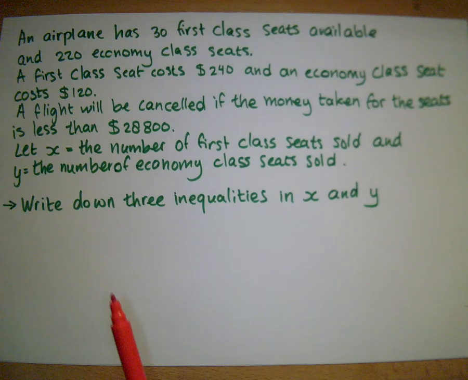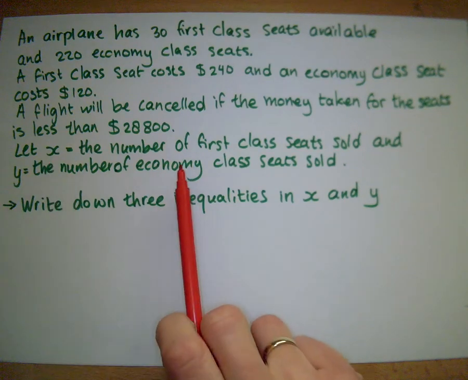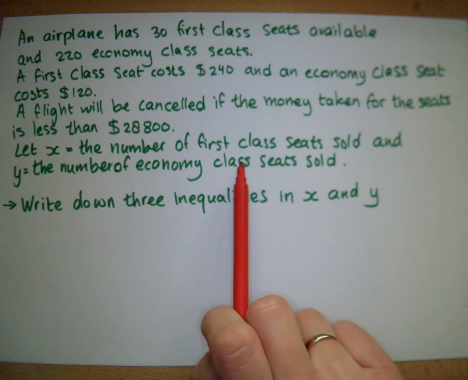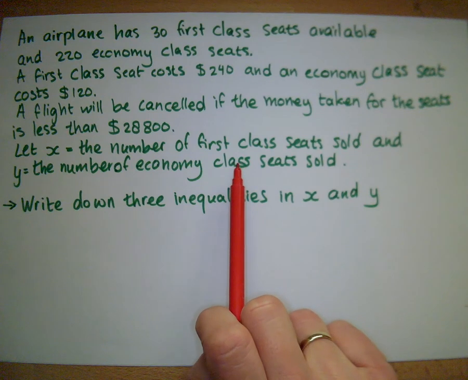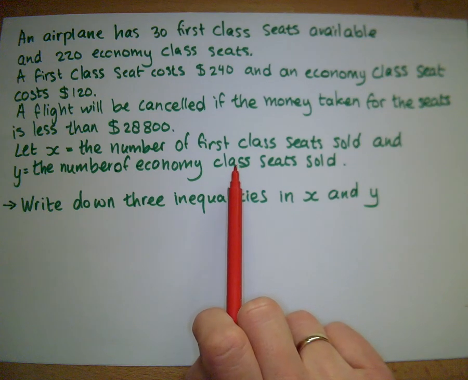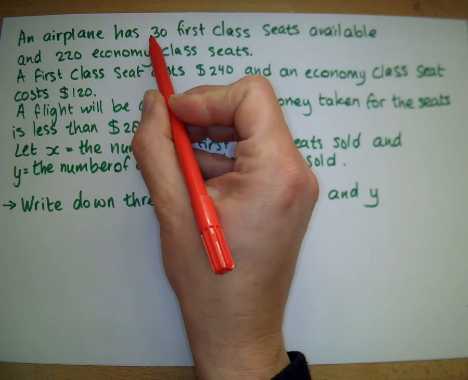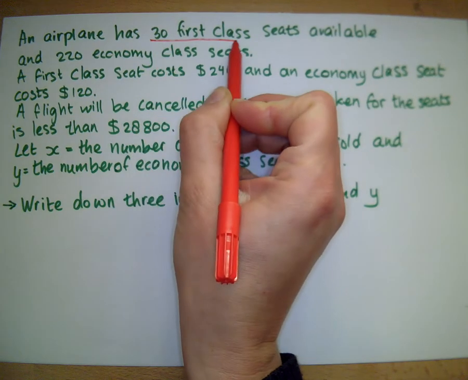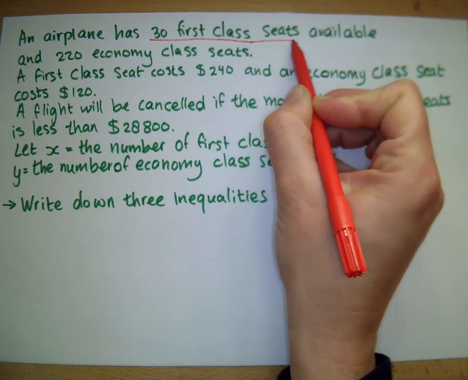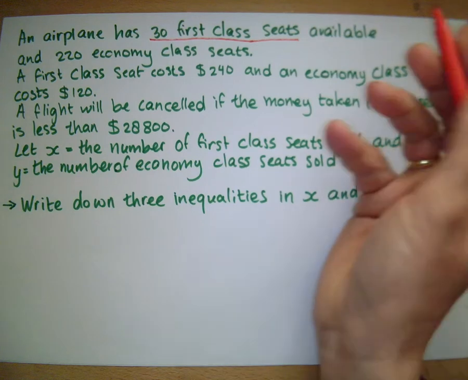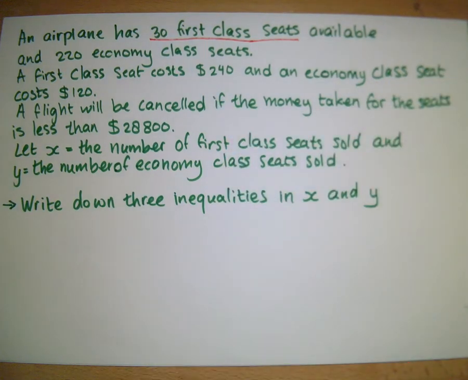Let's see. X is the number of first class seats, right? Here, this is our first bit of information. The airplane has 30 first class seats available. So we can only sell 30 first class tickets, right?